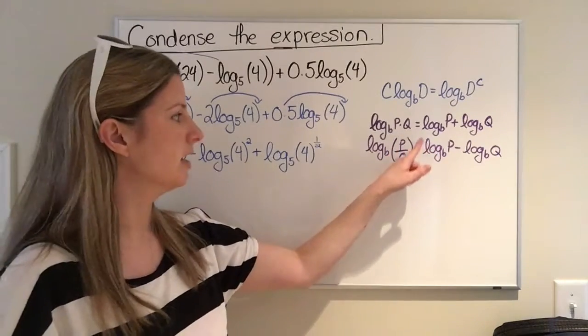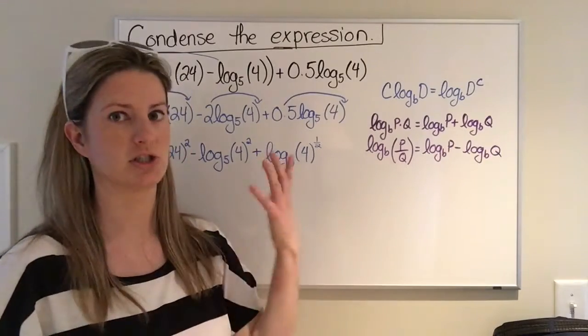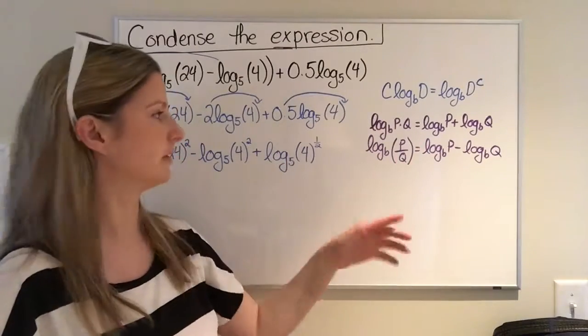Obviously we don't write plus log base B of P, it's just assumed if there's not a negative in front, it's a positive.